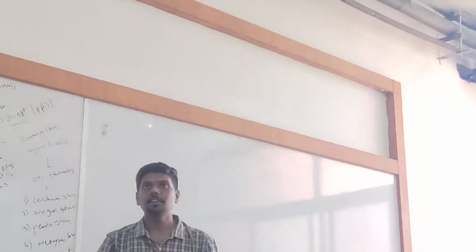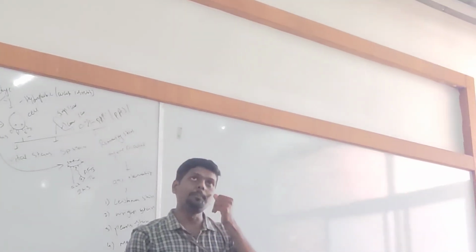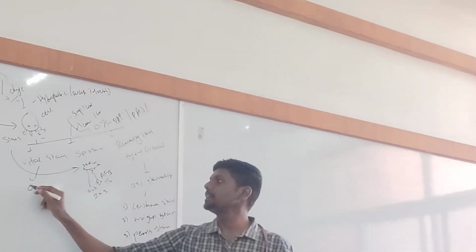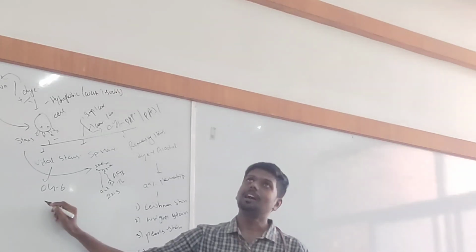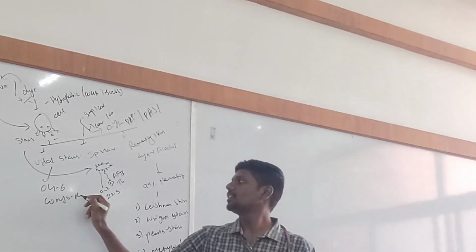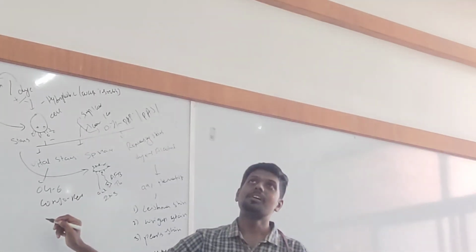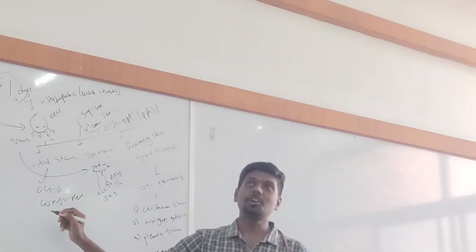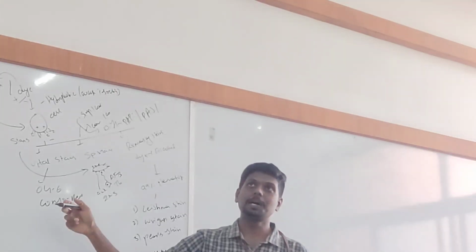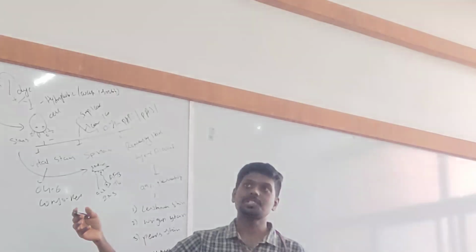Example of vital stain. Congo red is a special stain used for amyloid deposit staining.